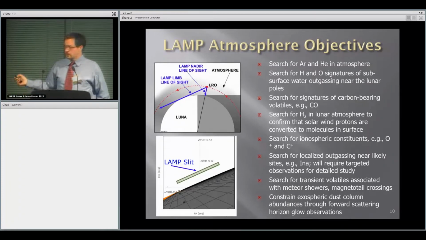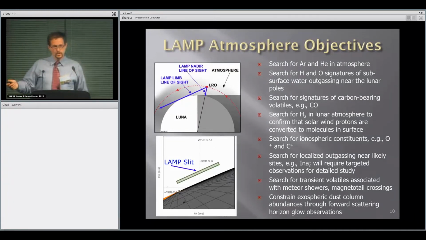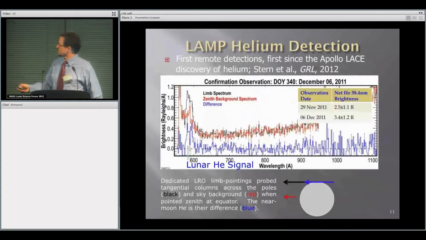And despite our ability to answer all sorts of different questions, we've only had luck to date in detecting atomic helium. And we're still pursuing these other questions, but it's just proven to be a very difficult measurement to make since the densities are so low.